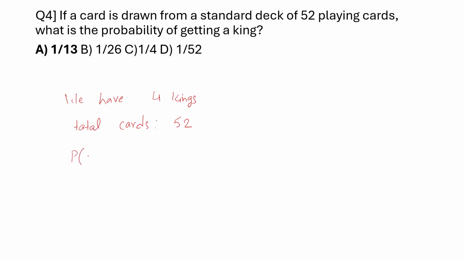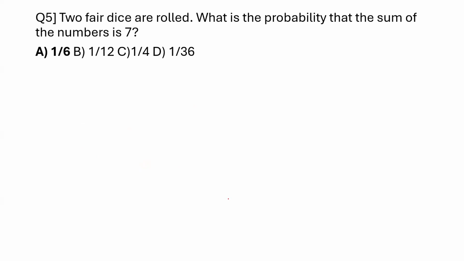So the probability of one king is 4 upon 52. If you do the cancellation, it will be 1 upon 13. So the correct option is A.